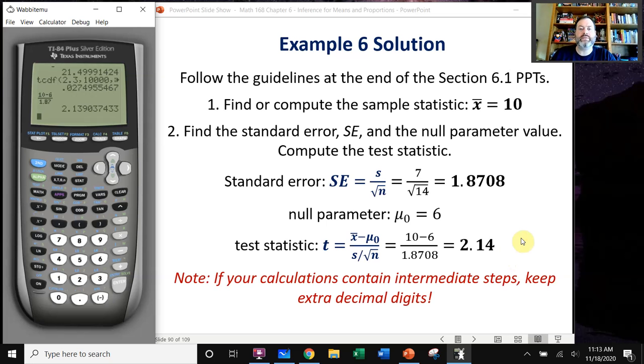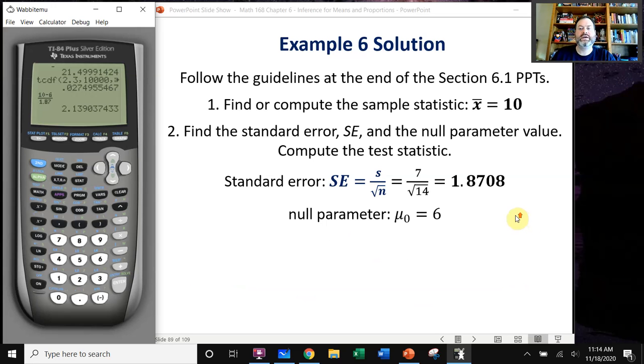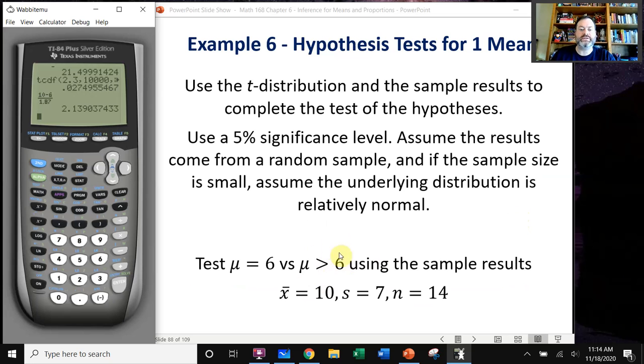All right, next up. Oh, I forgot. So we found the standard error. We found the test statistic. Now we go back and we look at this. This is a right tail alternative. So we're going to go tcdf.